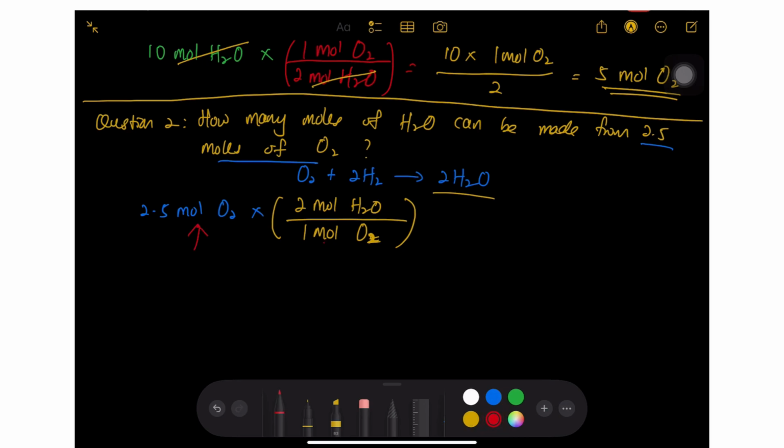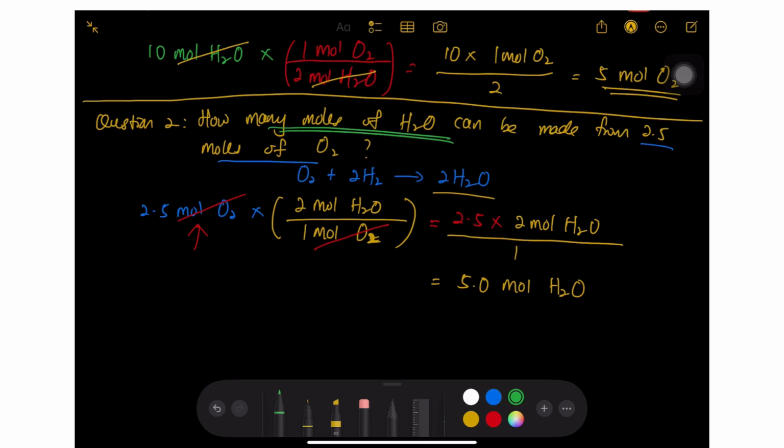So mole oxygen, we can eliminate it. So it becomes 2.5 times 2 mole of H2O divided by 1. So 2.5 times 2 equals to 5 mole of H2O. So this is the answer for this question.